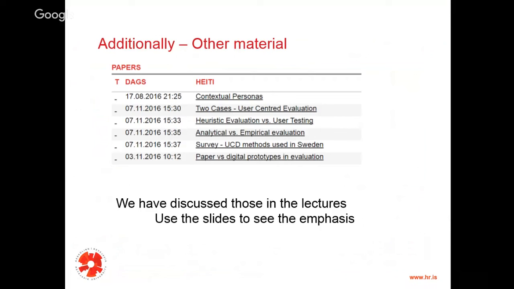That was almost a full lecture on that. And for the digital prototypes, it was actually half of the problems, or 8 of the problems, that were found in the paper prototype versus 20 in the digital.